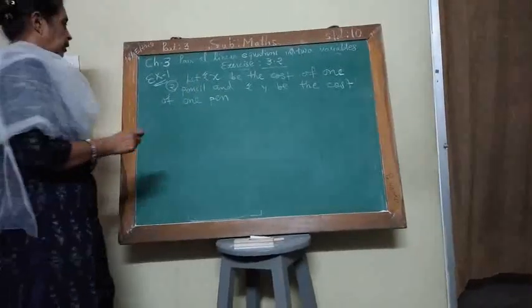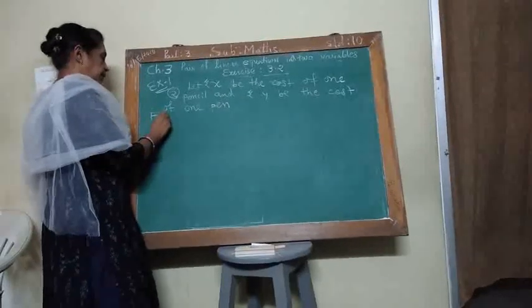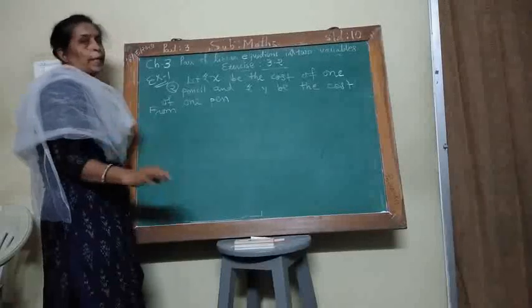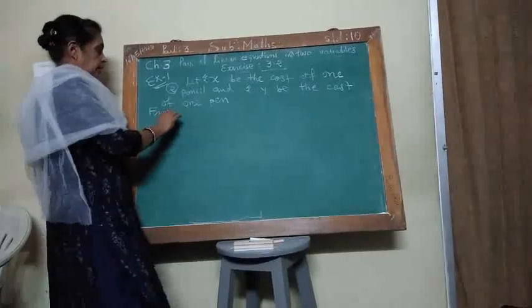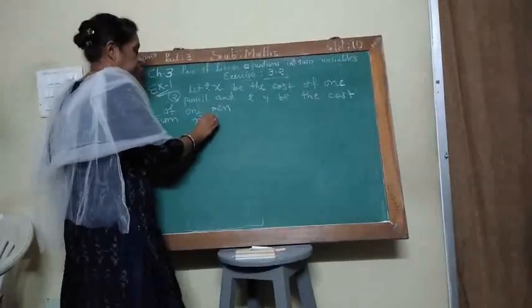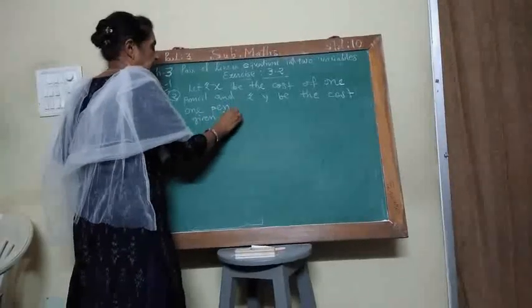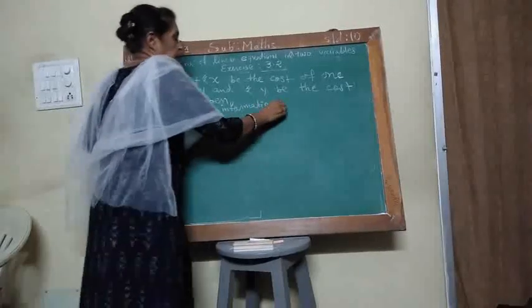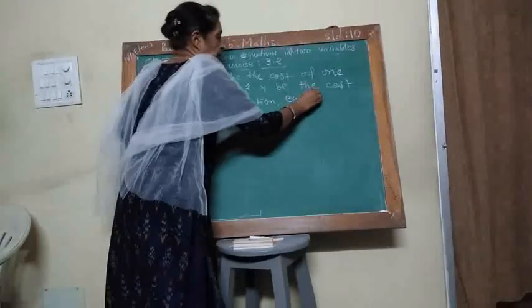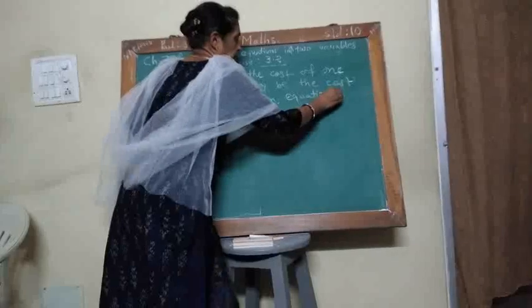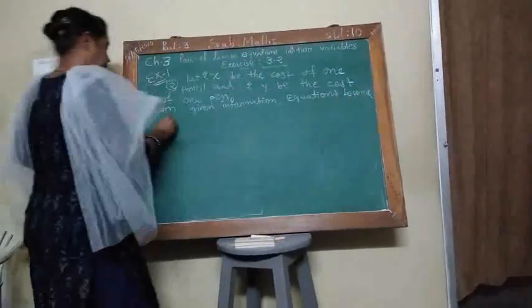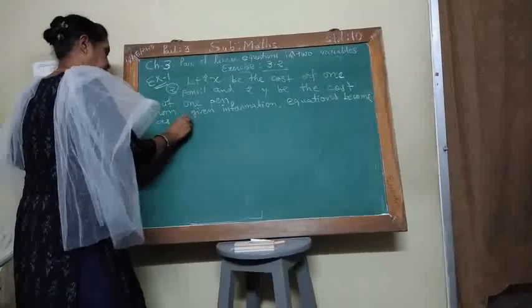From the given information, that statement is common; otherwise you have to write all things. So write: from the given information, the equations become as follows.